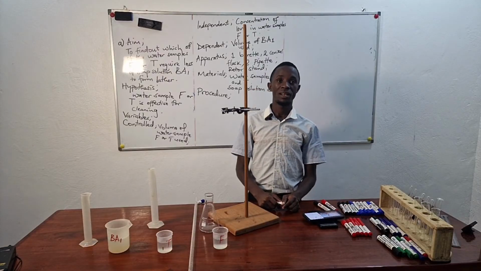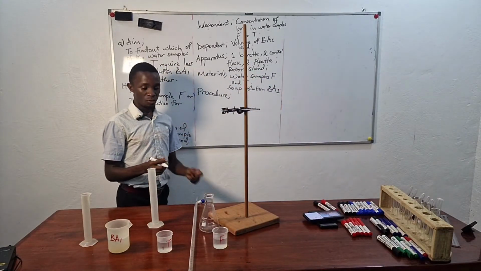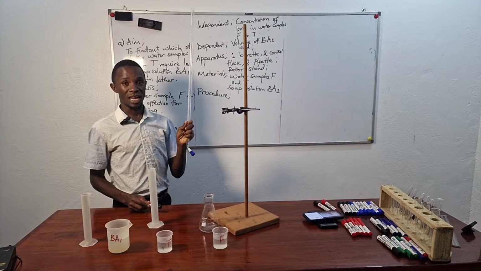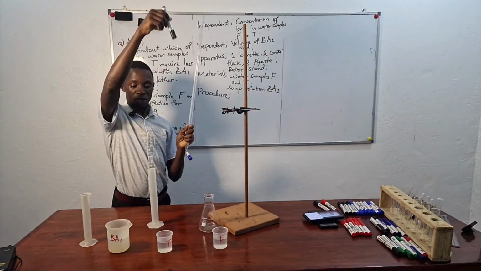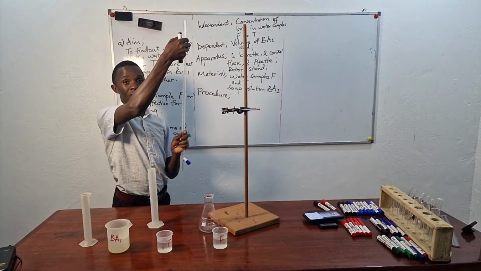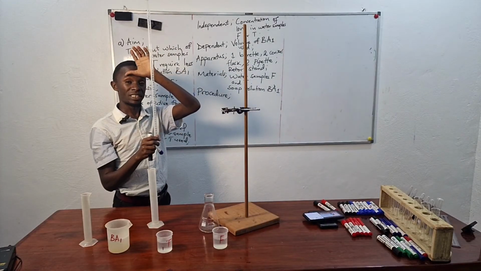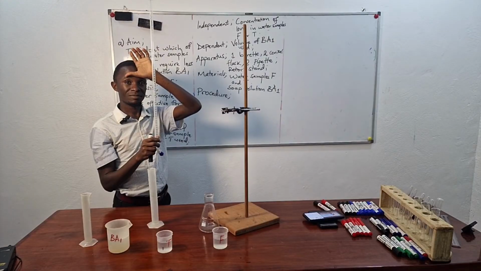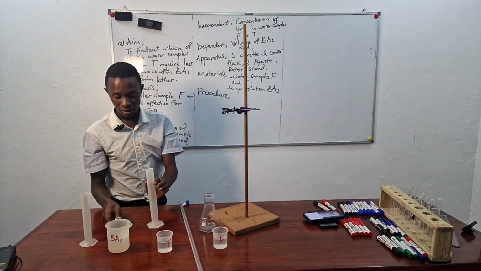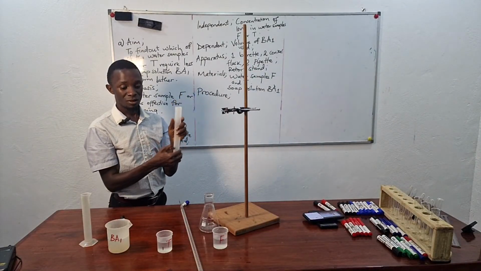Hope you all hear me well. So the first procedure was to suspend the burette on a retort stand, and then we add the soap solution to a 0.0 cubic centimeter mark. Remember, this is a burette. Its values are recorded to 2 decimal places. After that, we use a pipette to transfer 20 cubic centimeters of any water sample.